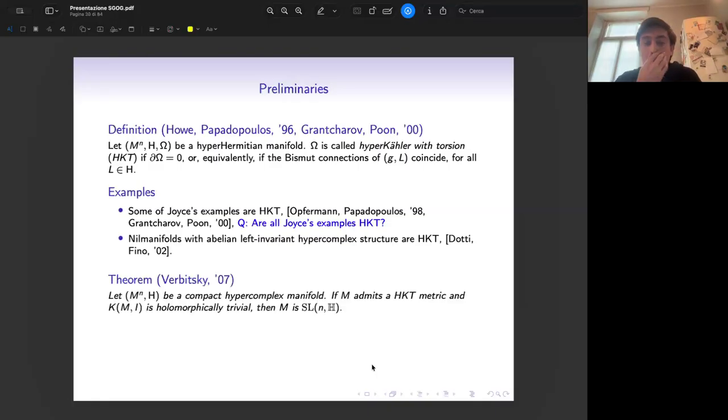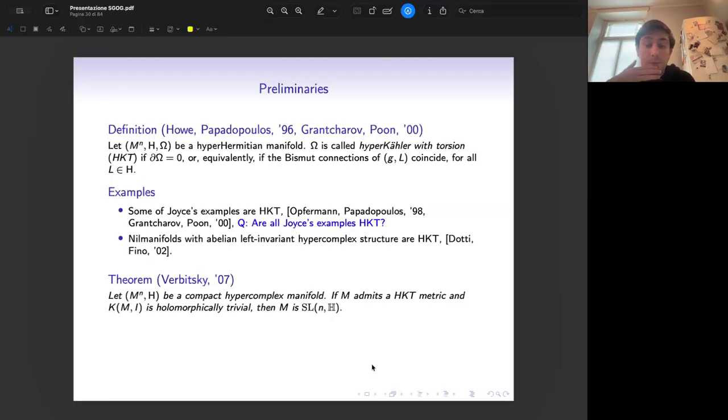But turning our attention to the SLNH condition, what Verbitsky proved is that the converse of the question that I discussed before is true whenever the manifold admits an HKT metric. And so if we have an HKT metric and the canonical bundle with respect to I is holomorphically trivial, then automatically we have an SLNH manifold.